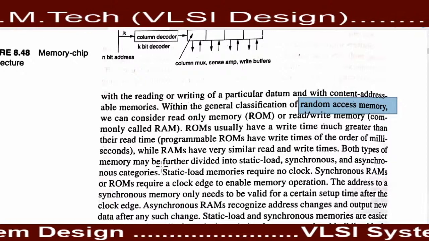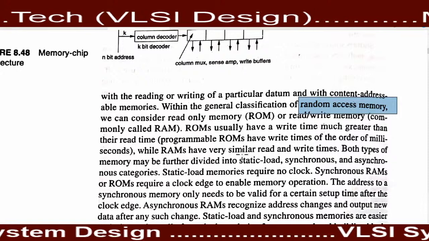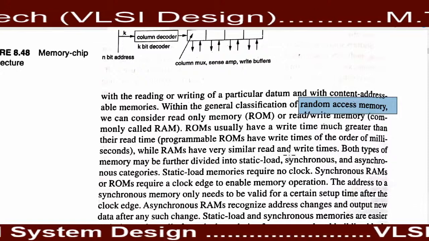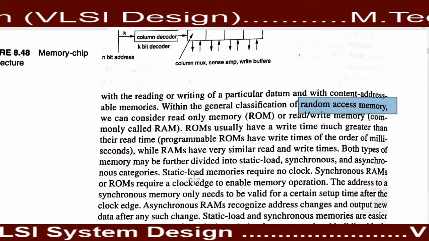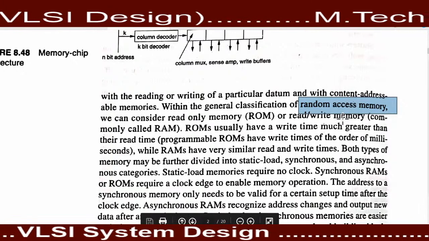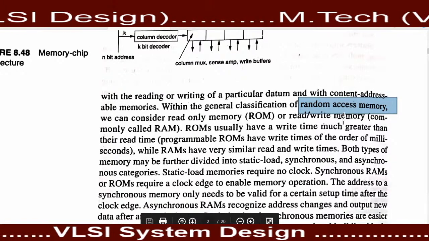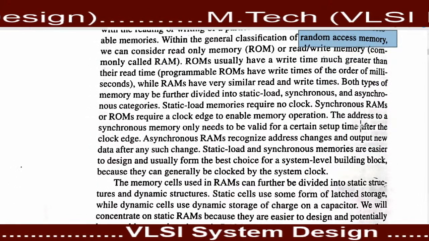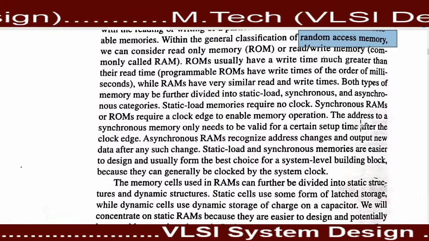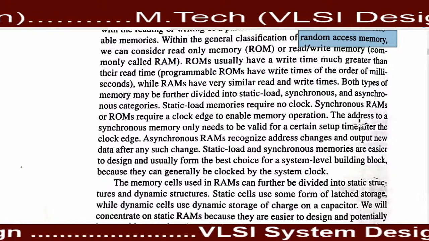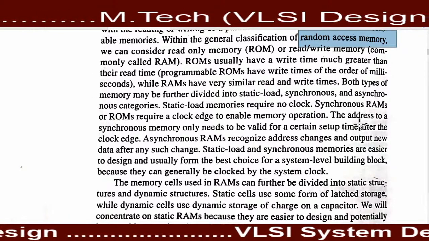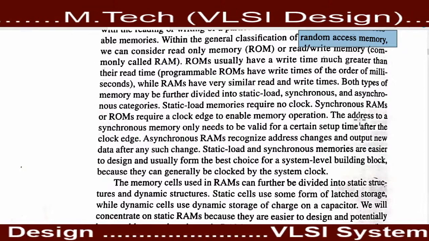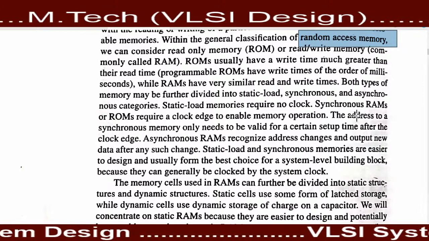We can also divide random access memory into synchronous and asynchronous types on the basis of the clock pulses that we provide to the memory to access the data. When we provide the clock pulse simultaneously to access the data, this type of memory is known as synchronous random access memory.